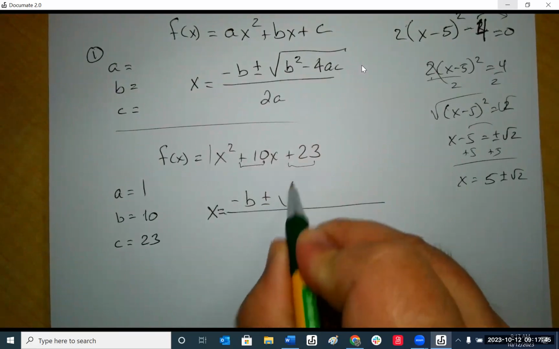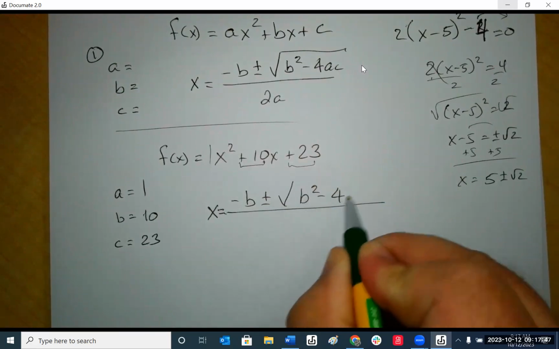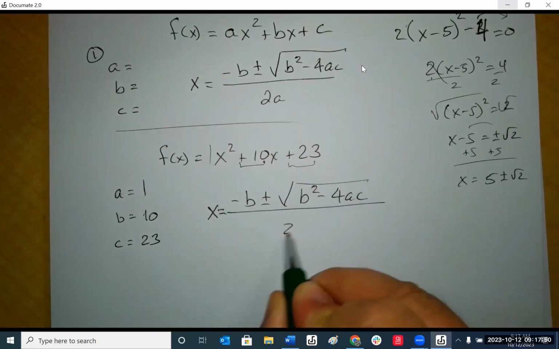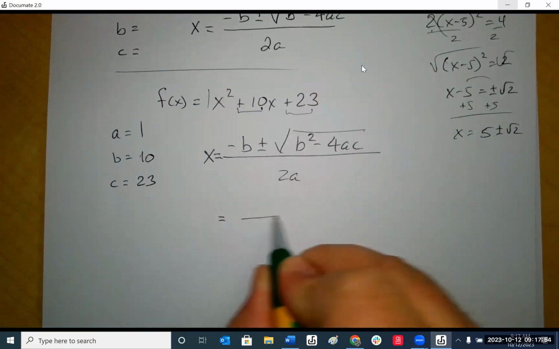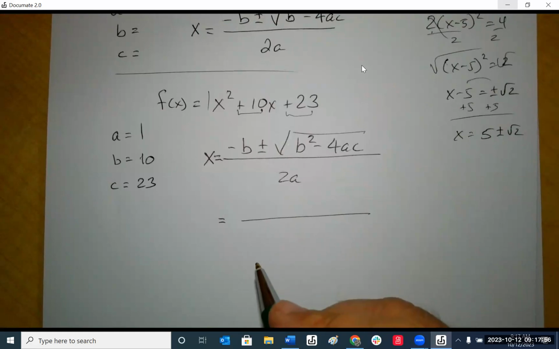Negative B plus or minus the square root of B squared minus 4AC, over 2A. I always start off writing the formula down and just plug and play.